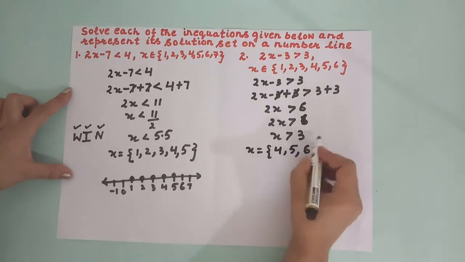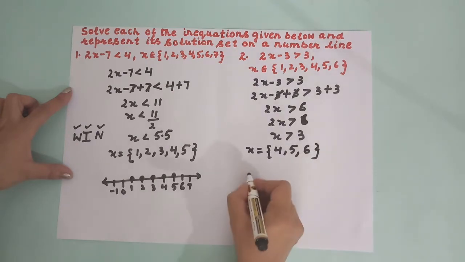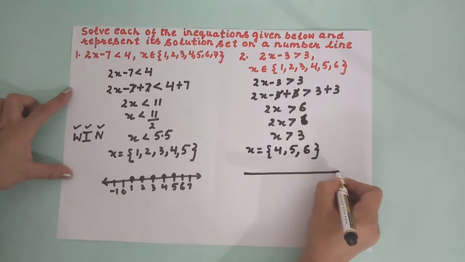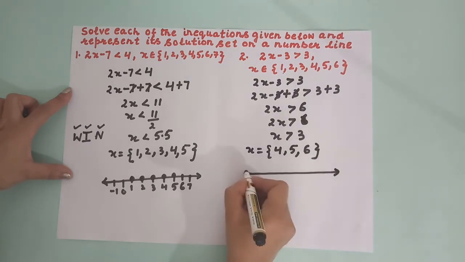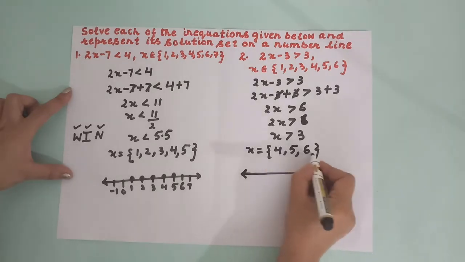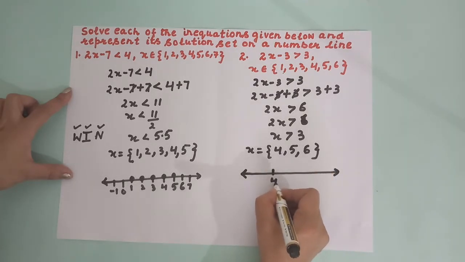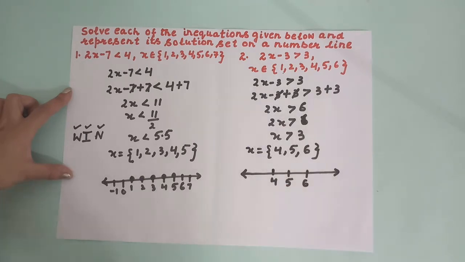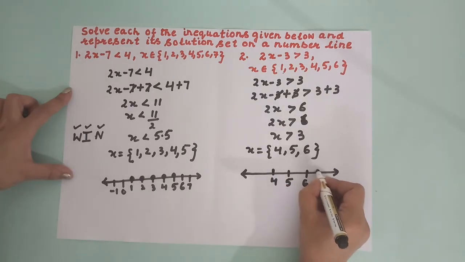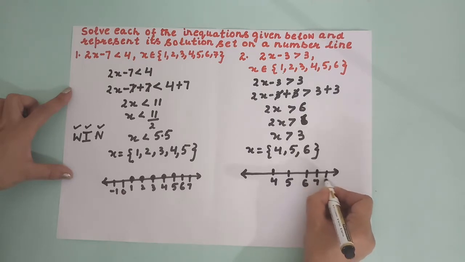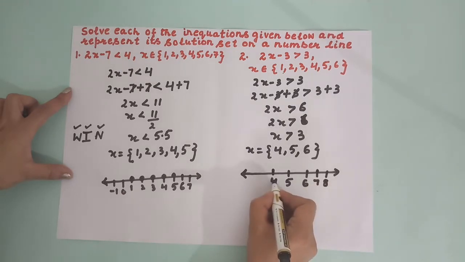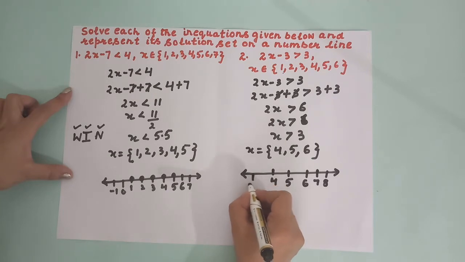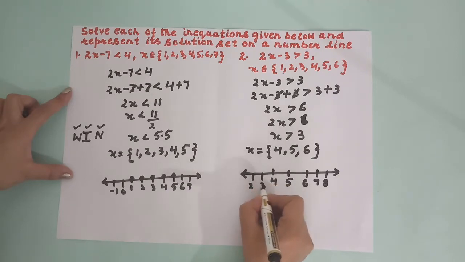Now we need to represent this on the number line. So a straight line, arrows on both the sides, right? Write these numbers in the middle. You have 4, 5 and 6. Then 2 more numbers after 6, that is 7 and 8. 2 more numbers before 4, that is 2 and 3.